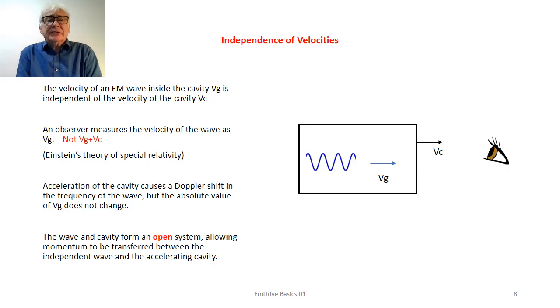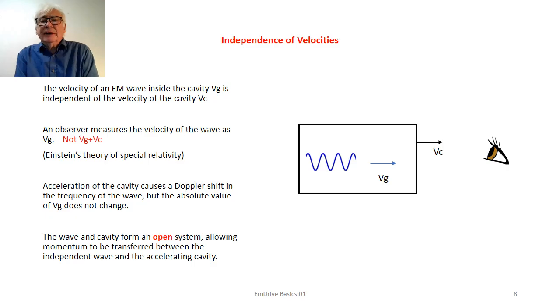So an outside observer will measure the velocity of the electromagnetic wave as Vg, not as Vg plus Vc. You can imagine the electromagnetic wave sliding along the inside walls of the cavity and therefore not affecting it.